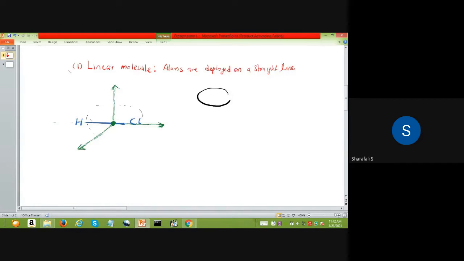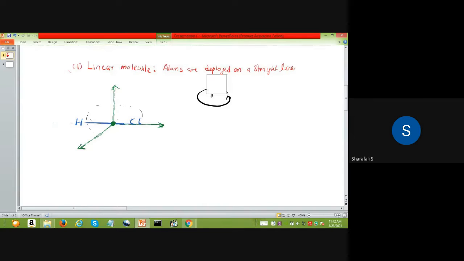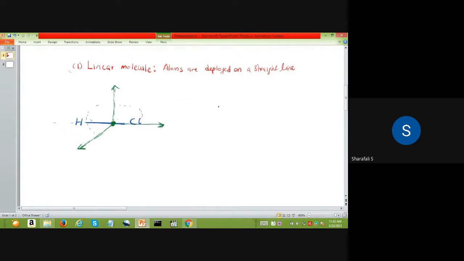The molecule can rotate like this about that perpendicular axis. So this rotation is about that perpendicular axis.